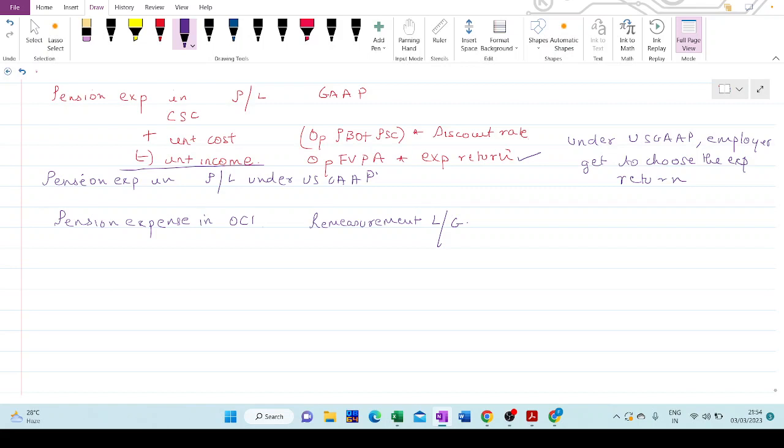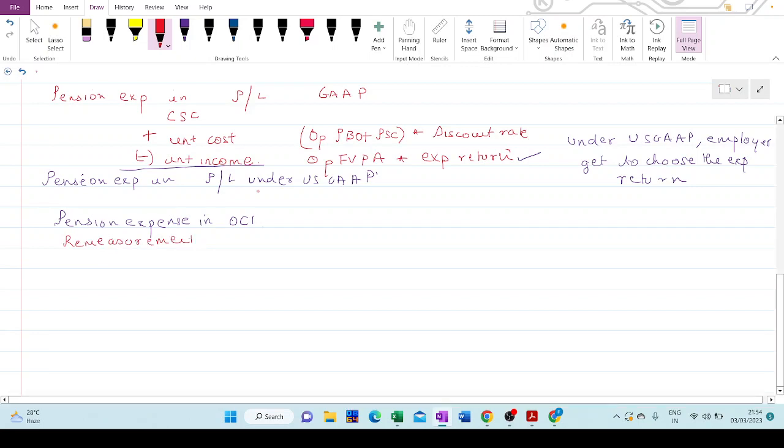So there are two components of your remeasurement losses and gains. Pension expense in OCI is known as remeasurement loss or gain. So it's not amortized, it sits in the OCI till the pension plan is settled, till the pension plan is terminated. And it has two components.